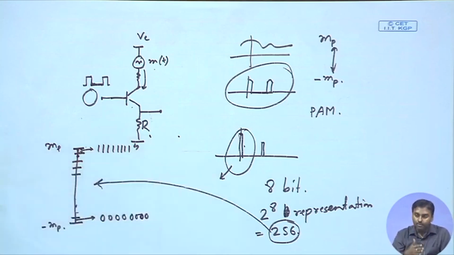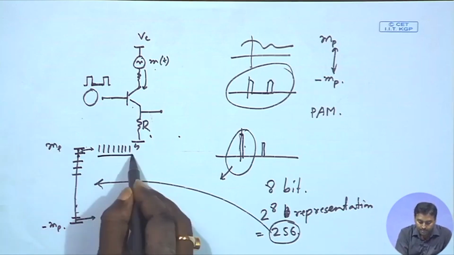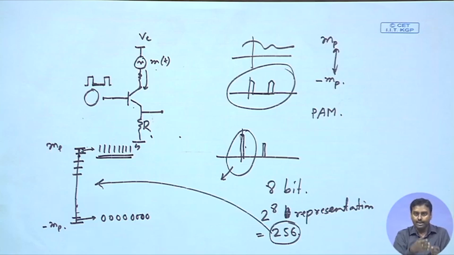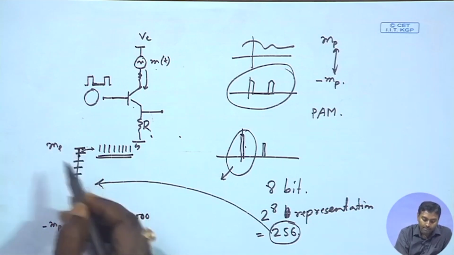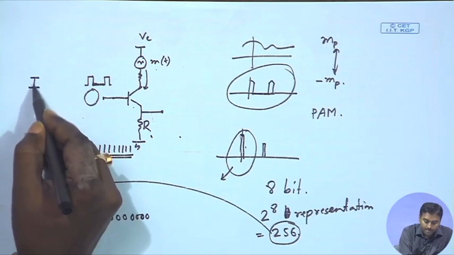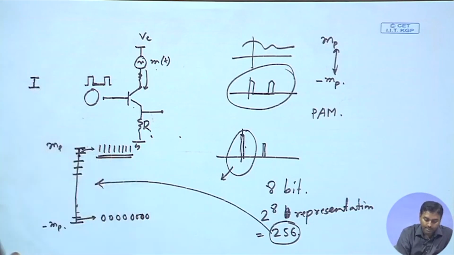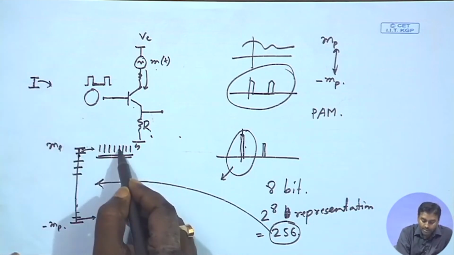So, this is some kind of modulation, and at the other end I also have to demodulate it, or demap it, decode it. So, for decoding, what do I do? Now, I have this unique representation. Whenever I get this unique representation, I will be able to put a corresponding sample value there, but now the problem starts, because all those intermediate sample values are mapped to this unique representation.